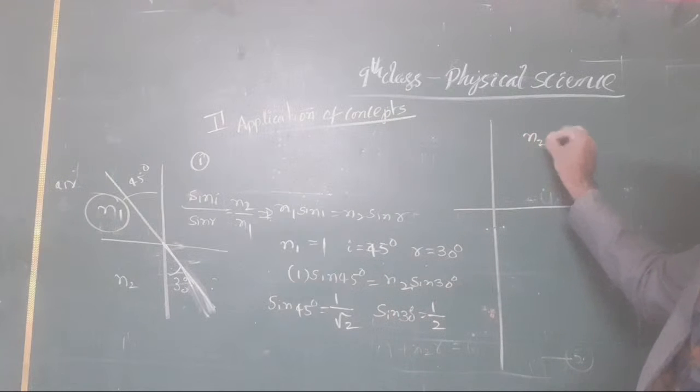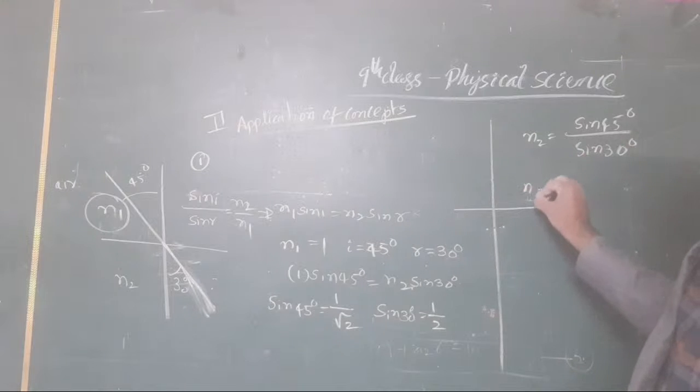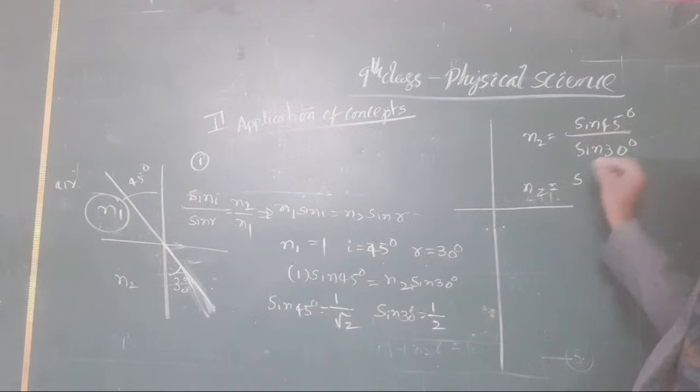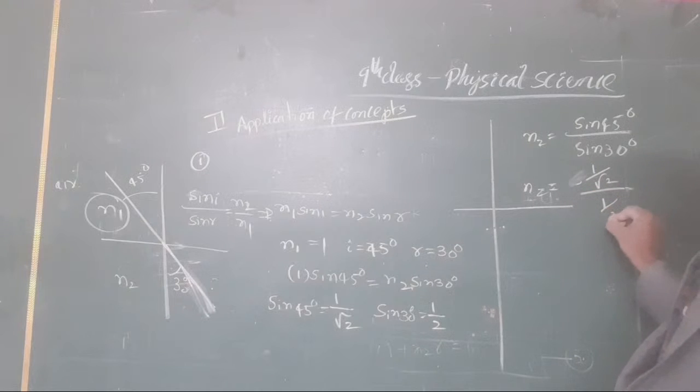Now N2 becomes sine 45 by sine 30, which is 1 by root 2 divided by 1 by 2.